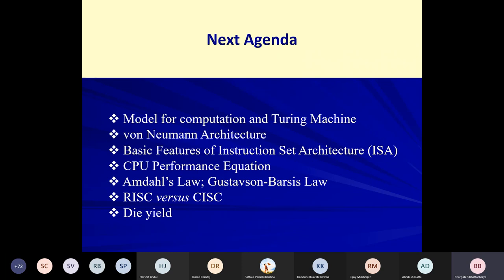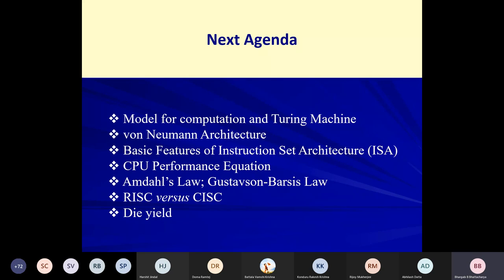We would introduce the model of computation and what is known as the Turing machine, and then talk about one of the most important concepts in computer architecture, von Neumann architecture, basic features of instruction set architecture, and then we'll introduce the CPU performance equation and Amdahl's law, and touch upon RISC versus CISC, and if time permits, we'll talk about die yield and so on.